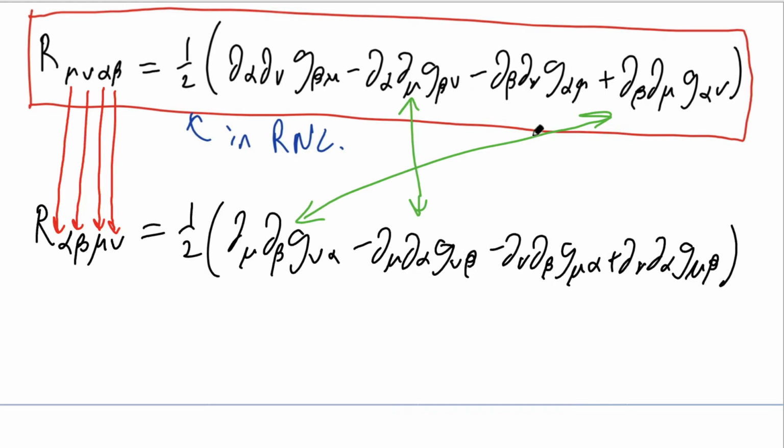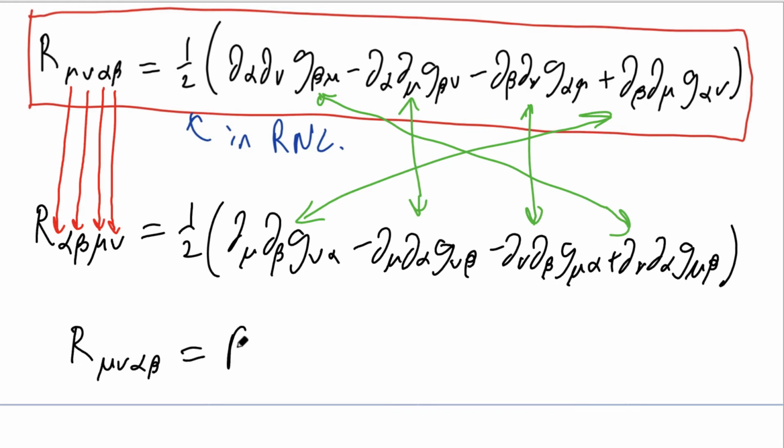This term is equivalent to this term, and finally this term is the same as that term. Right? So what we found is that in Riemann normal coordinates, R mu nu alpha beta is equal to R alpha beta mu nu. And of course, by the familiar argument, we can say since this is a tensor relation, it holds in any coordinate system.